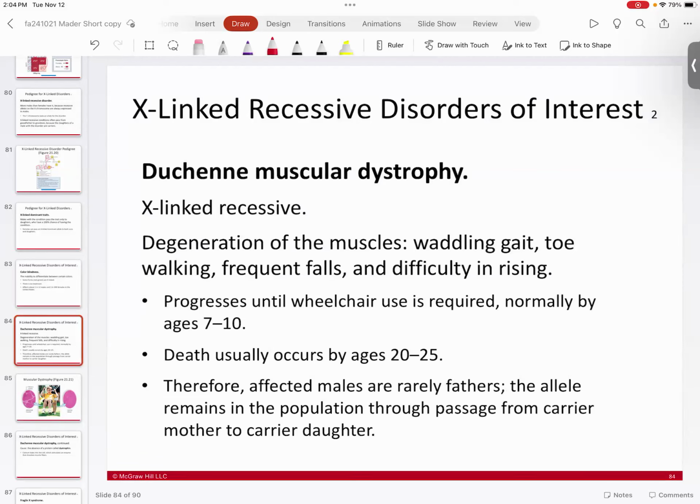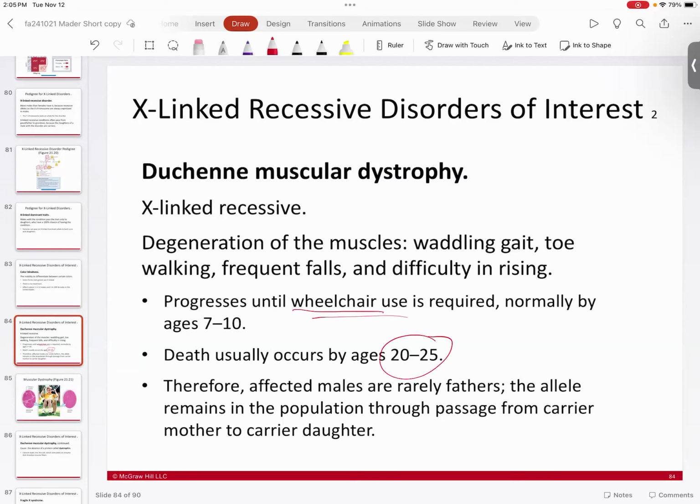Now, when you take a look at another X-linked recessive, you have Duchenne's muscular dystrophy, which is a degeneration of muscles. So you kind of get this sort of gait. You fall a lot because of muscular discoordination. You have difficulty maneuvering your muscles. Oftentimes, you'll end up in a wheelchair at an early age. And then usually you get so much muscular dysfunction that you can't actually maintain core visceral systems and you die early in your 20s.